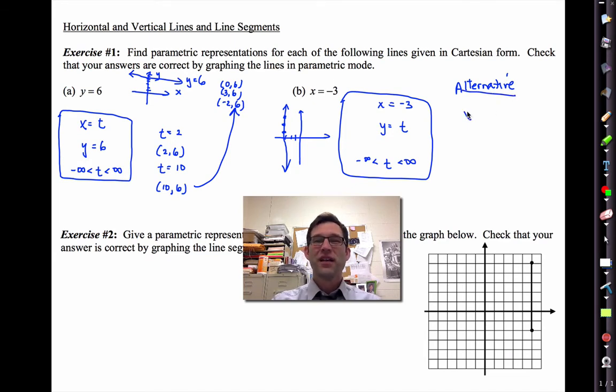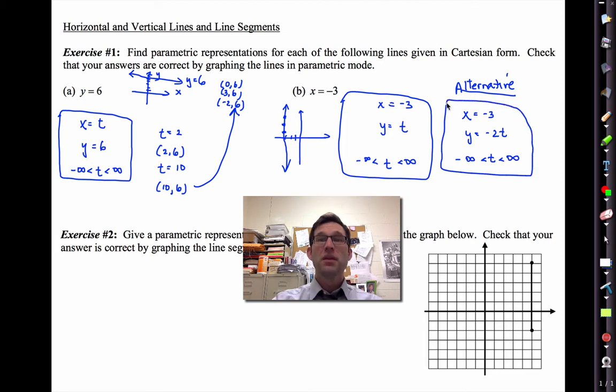This will be cool. Let's say I had x equals negative 3, and I had y equals negative 2 times t, and I let t go from negative infinity to positive infinity. This would also work, because every point I want, I can get for some value of t.